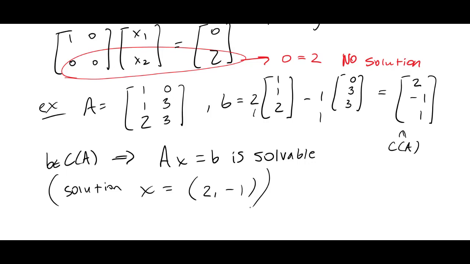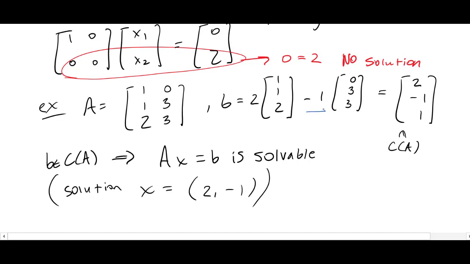Okay, any questions about column space, vector spaces, subspaces? Yes. For this example, b equals 2 times the column space of 1, 1, 2. What is that mark underneath the 2? Is that supposed to be a negative 1? Yeah, this is a negative 1. Why is it negative?